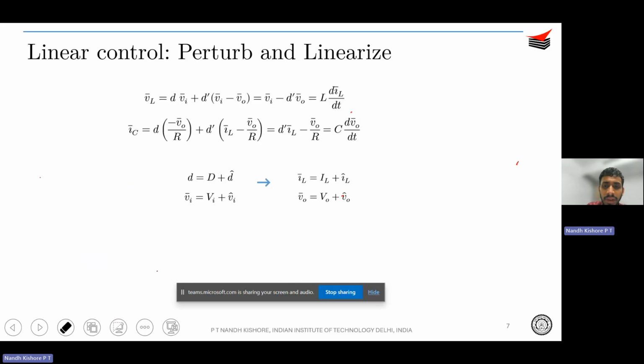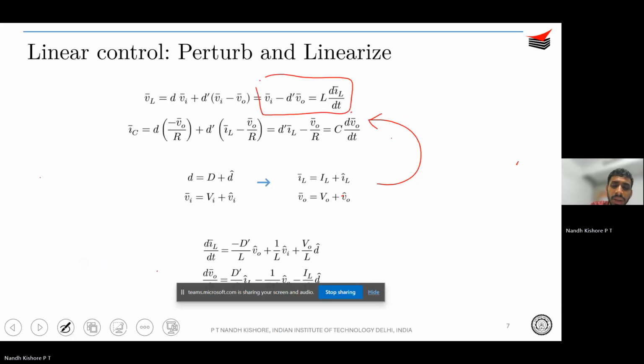So what happens if I substitute all my equations with these tildes? You can take this as an assignment and just solve it. In this particular expression you just substitute, and similarly over here. You will end up with dI_L by dt and dV naught by dt, so you will get expressions in terms of tilde.